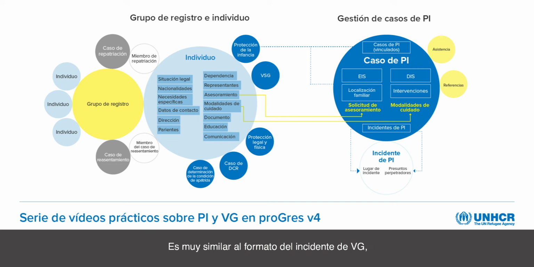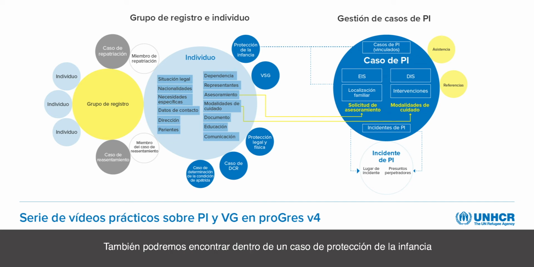It's very similar to that format of the SGBV incident, which includes both an alleged perpetrator and the incident location. In addition to these entities, you will additionally be able to link child protection cases so that if there is a connection between one child protection case and another, you would be able to include that linked child protection case into another case so that you can refer to them together.